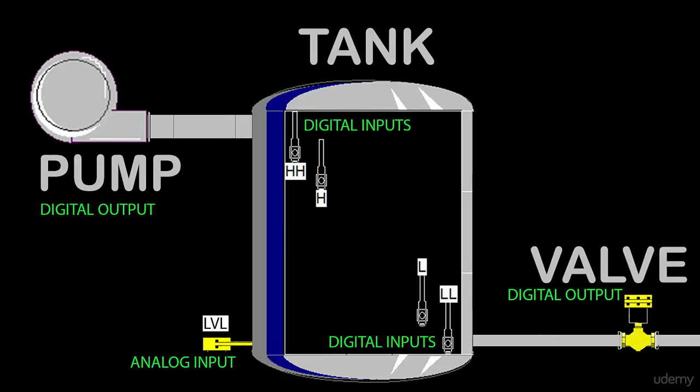Then, once we get below the low level, we want to close our valve and energize our pump to fill the tank back up to the high level. And we want to alternate between those back and forth, constantly filling and depleting our tank. I can't imagine why we would want to run a system that way in real life, but it's pretty good for learning how to program PLCs. So that's what we're going to do.